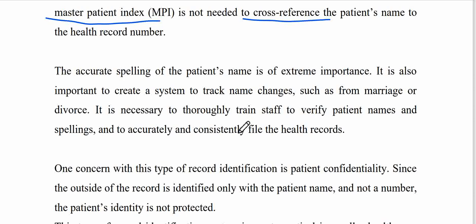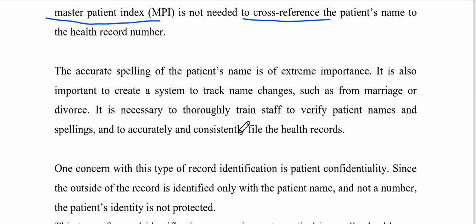First of all, make sure that the patient name is correct. Two, you must have a tracking system that can help you track whether this patient has been in a hospital before, or might have been seen under a different name.